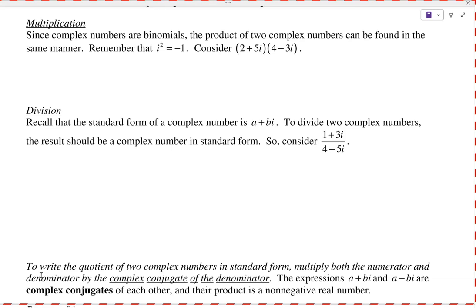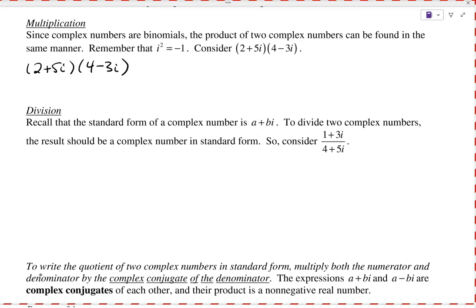We're basically going to do the same thing when we multiply. We're going to multiply this out just like you would for binomials. We would distribute to everything, right? So if we were to multiply this out, not even understanding what i represents, what would 2 plus 5i times 4 minus 3i multiply out to?